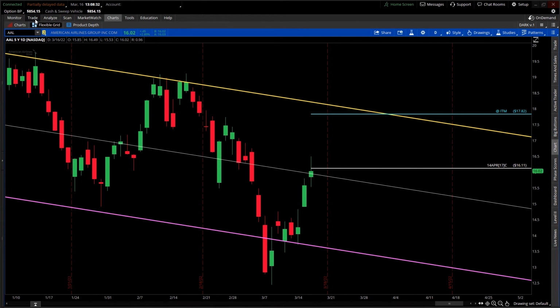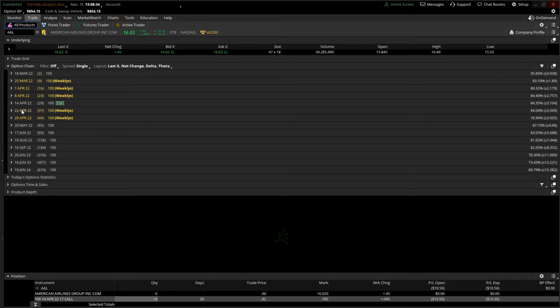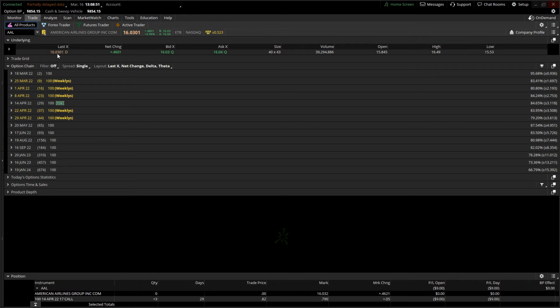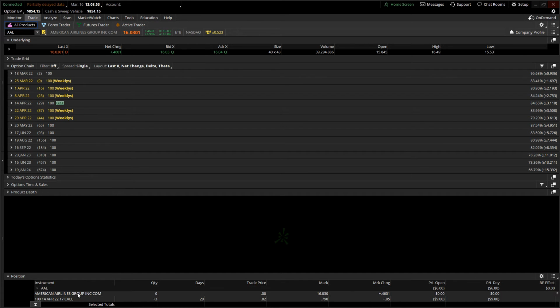So if I click on the trade tab, I do have a position here, under the option chain for April 14th expiration date, which is expiring in 29 days. Here, I did pick the $17 strike price. Essentially this is $1 away, or 97 cents, from being in the money.